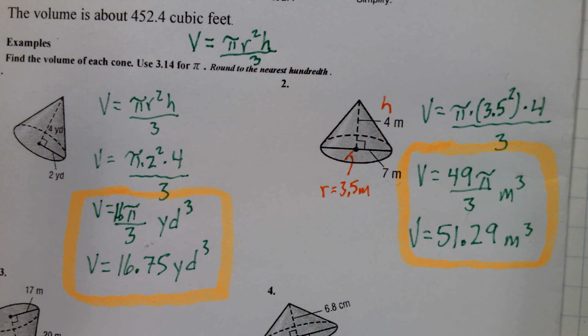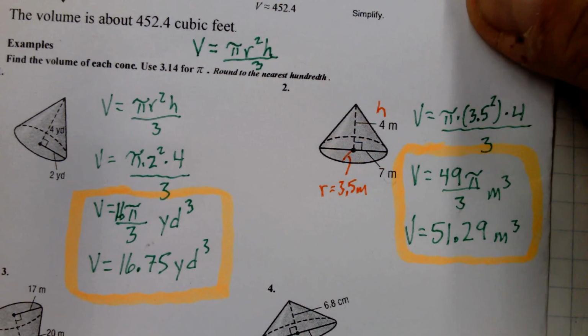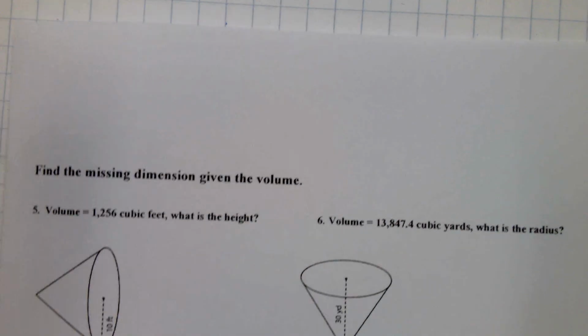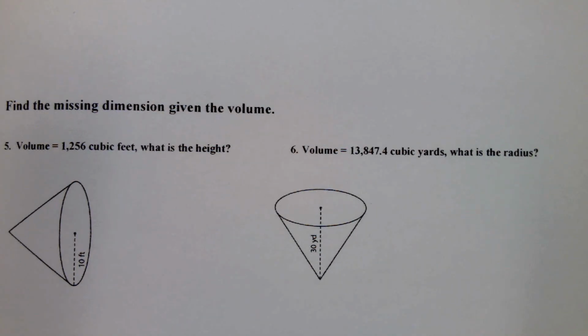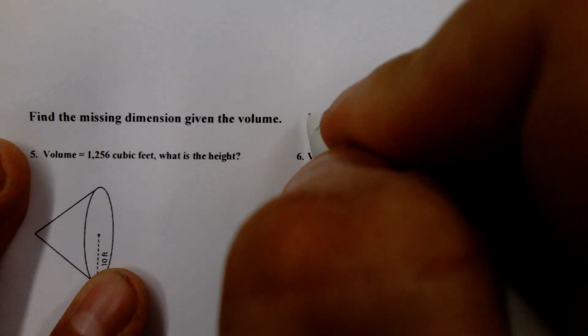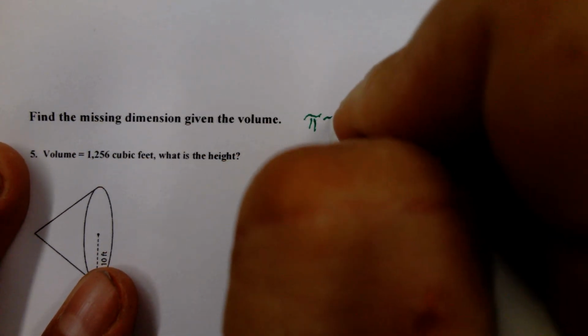So let's go ahead and just move on to a couple of examples where we're finding maybe a radius and a height on the back, so we can get working a little quicker. All right. So we're going to find the missing dimension given the volume. So we're going to use pi as approximately 3.14.